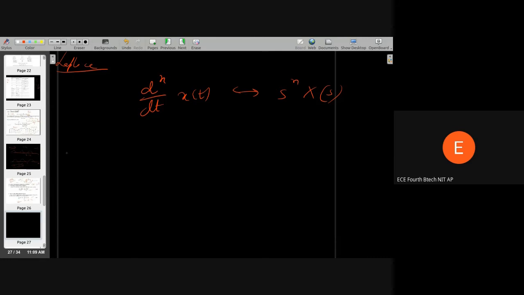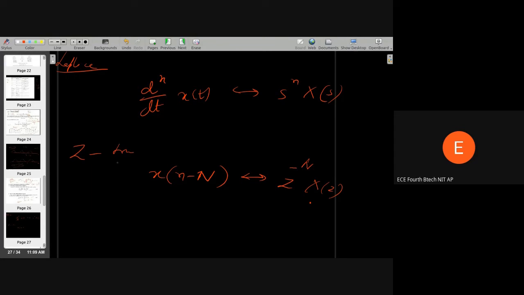Similarly, in your Z transform, all x[n minus 1], n minus 2, n minus n will become z to the power minus n X of z. So this form makes it easy to analyze your equation and also easy to analyze and design your systems.